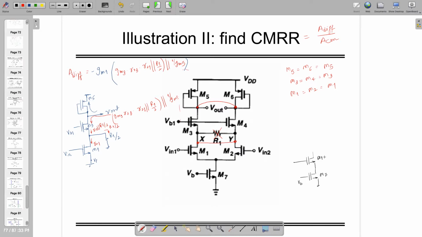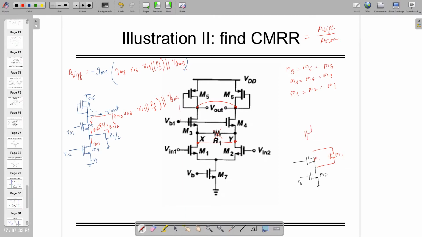so let's call this one M1 plus M2, right? And as both are identical, let's call it 2M1, or for better purpose we can do this one also, whichever you like. This is M1 and this is M1.